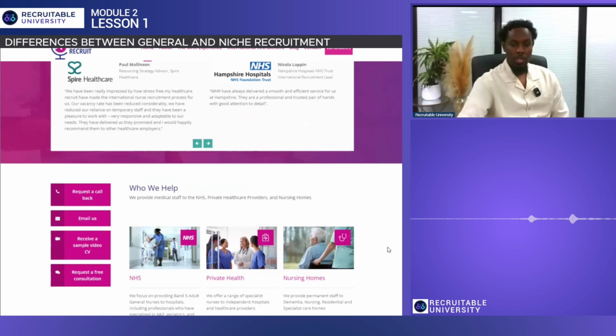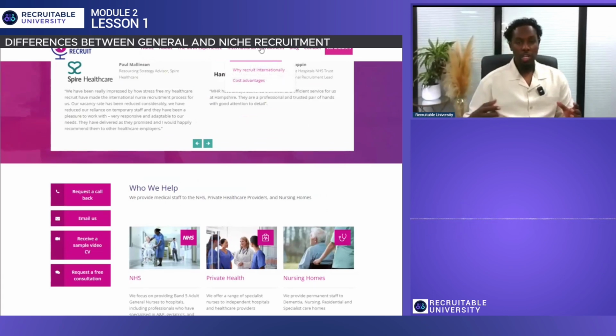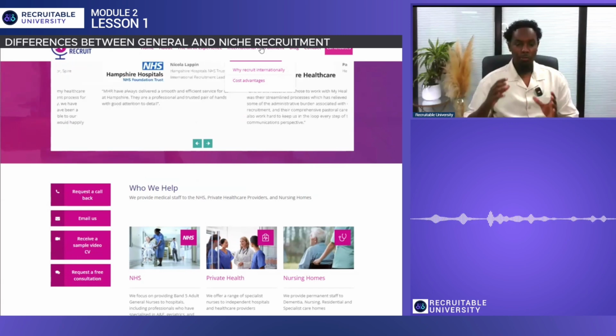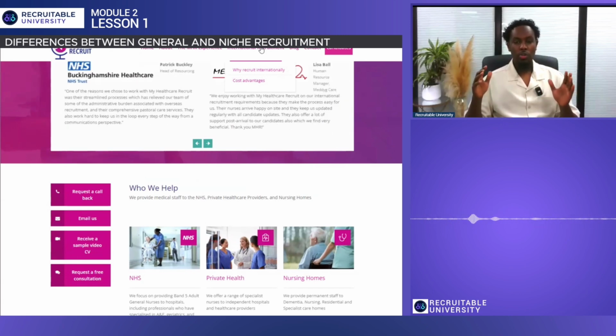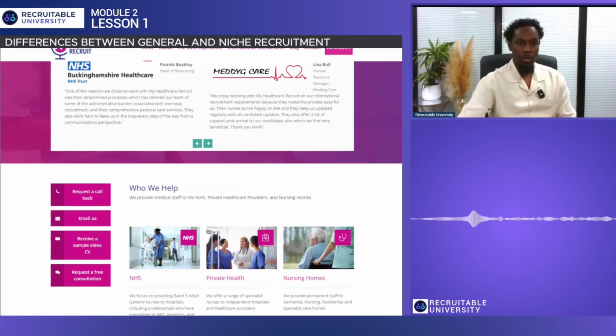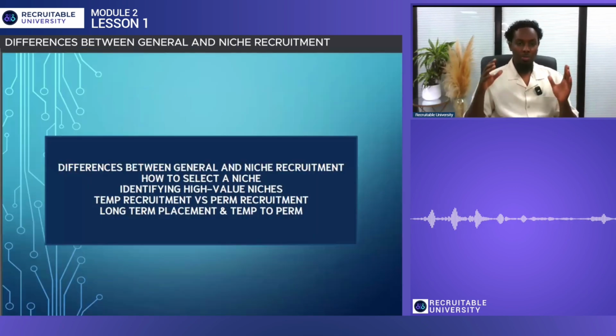So the difference between general recruitment and niche recruitment is that with general, you're going to be doing a bit of everything, whereas with niche recruitment, you have a focused niche that you are targeting and you know your market. Personally, I would find it a lot easier to deliver to.